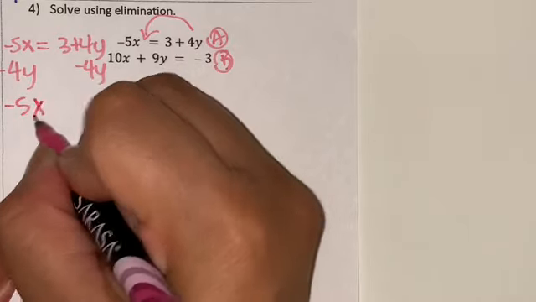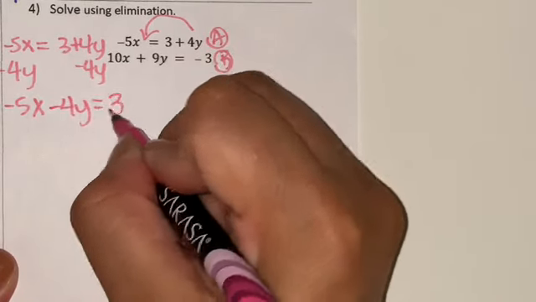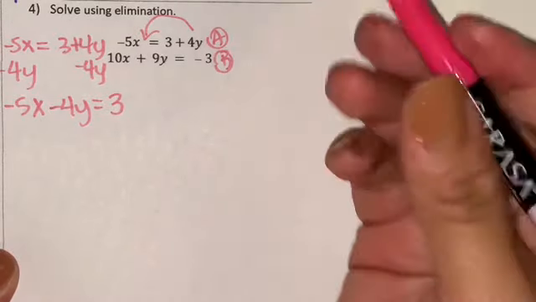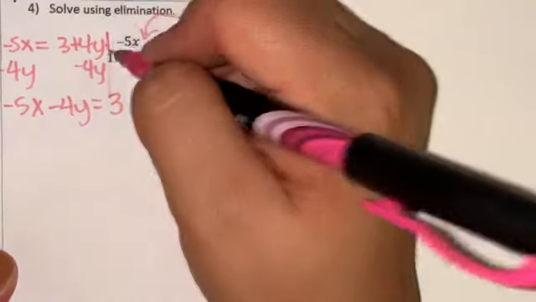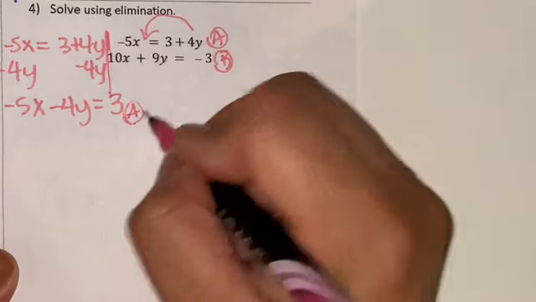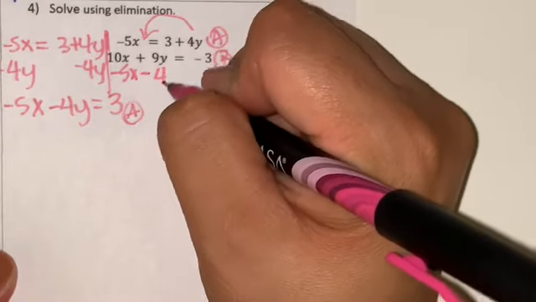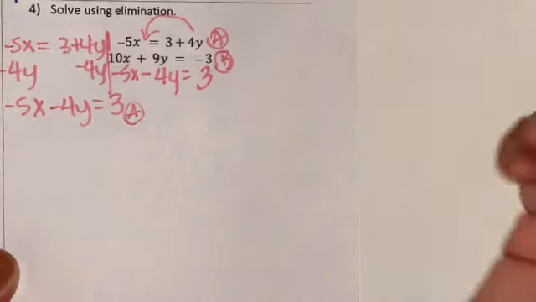Negative 5x minus 4y equals 3. So we can just align it back underneath here because this is my new A. So we're going to say negative 5x minus 4y equals 3.